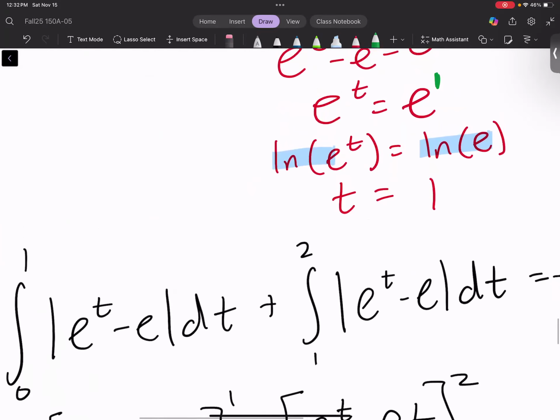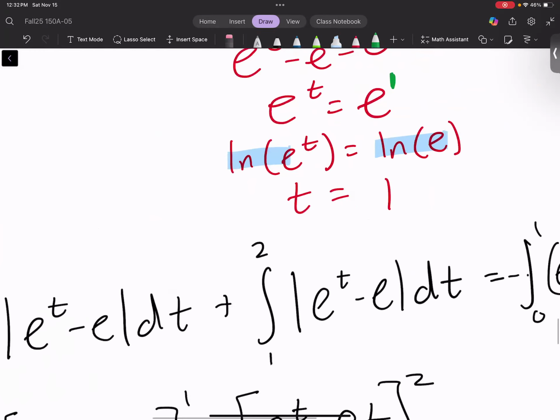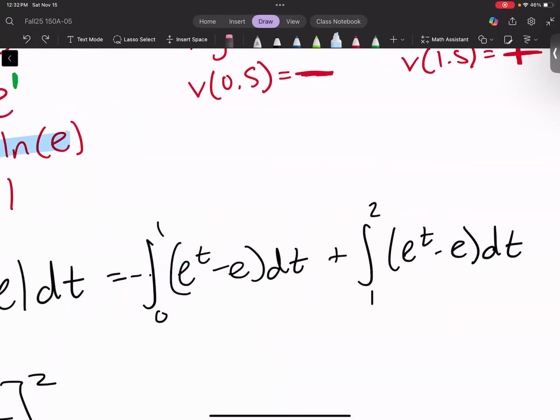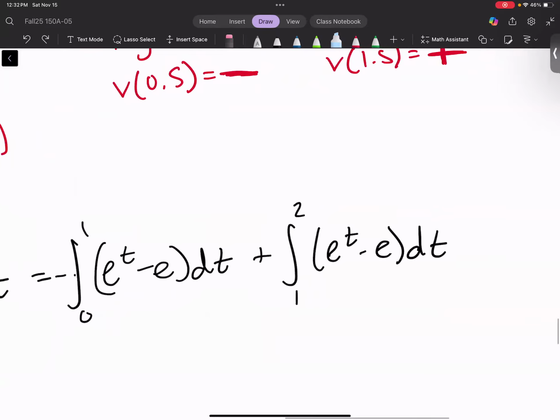Let me just focus on the first line here. Now we have the two integrals, 0 to 1, 1 to 2, and then we do the signs. Because my velocity from 0 to 1 is negative, I have to multiply by another negative there. Then the integral 1 to 2 is fine.